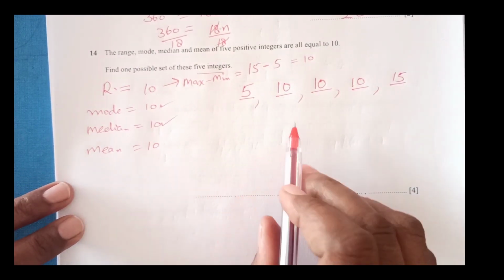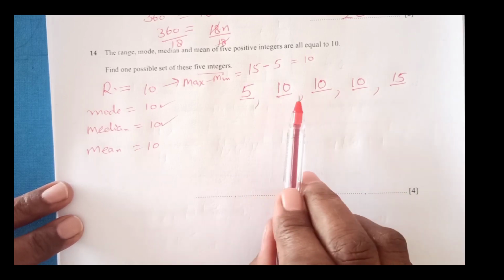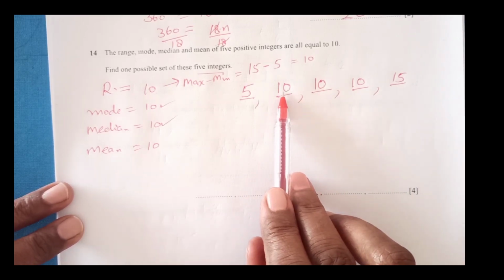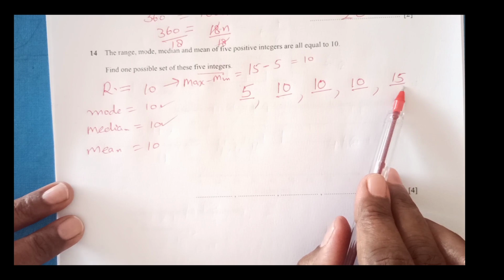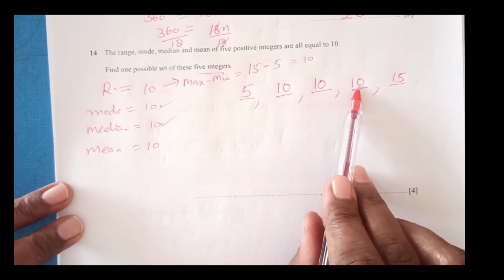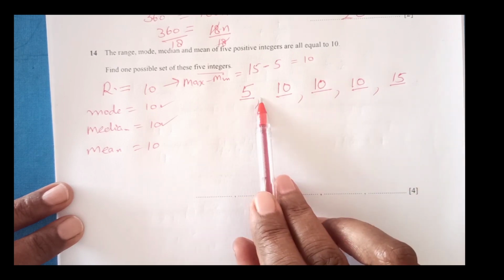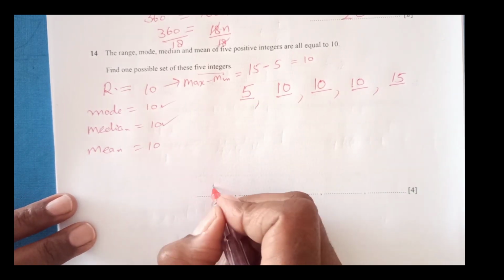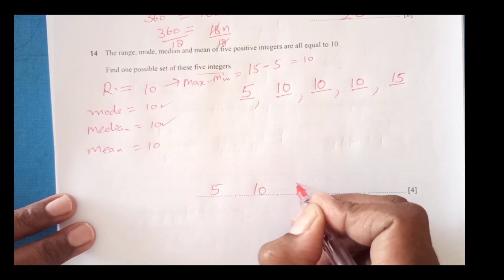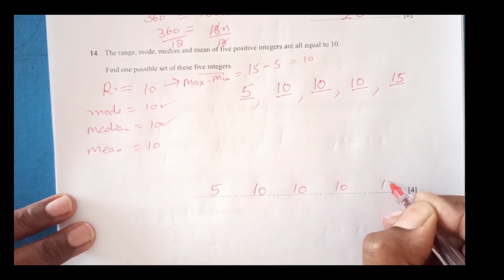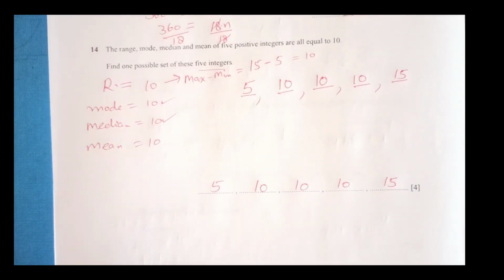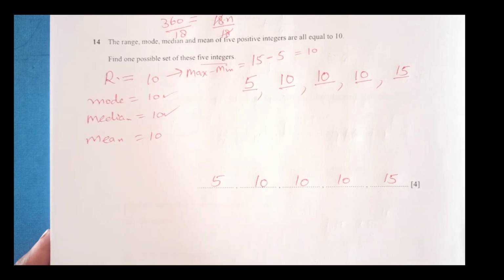Now let's say the mean is 10, so mean is sum of the numbers divided by 5. So 10, 20, 30 plus 20, 50, divided by 5 is 10. So yeah, that worked. So that is our answer. So you may have a different answer depending upon what kind of numbers you are taking. Okay.